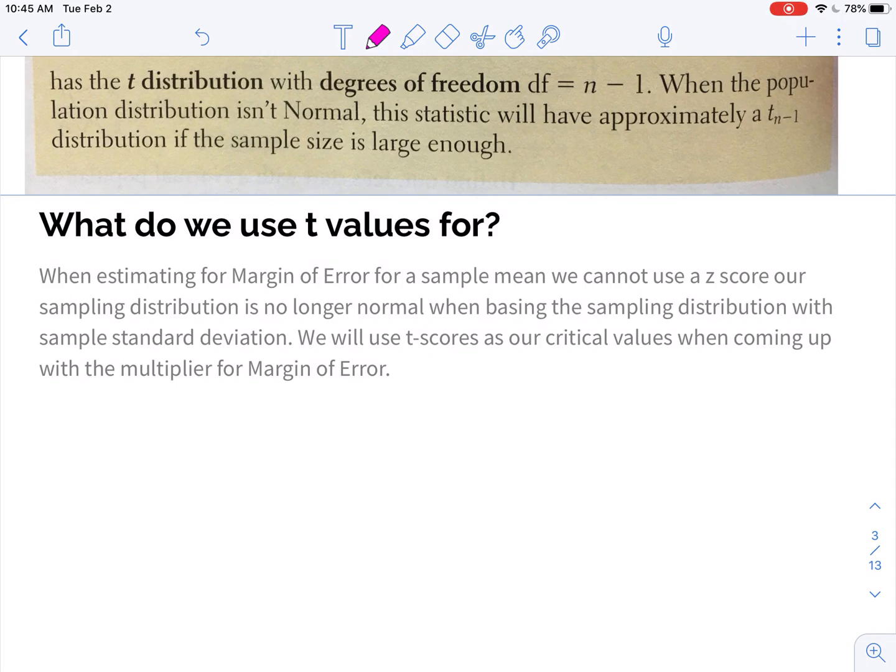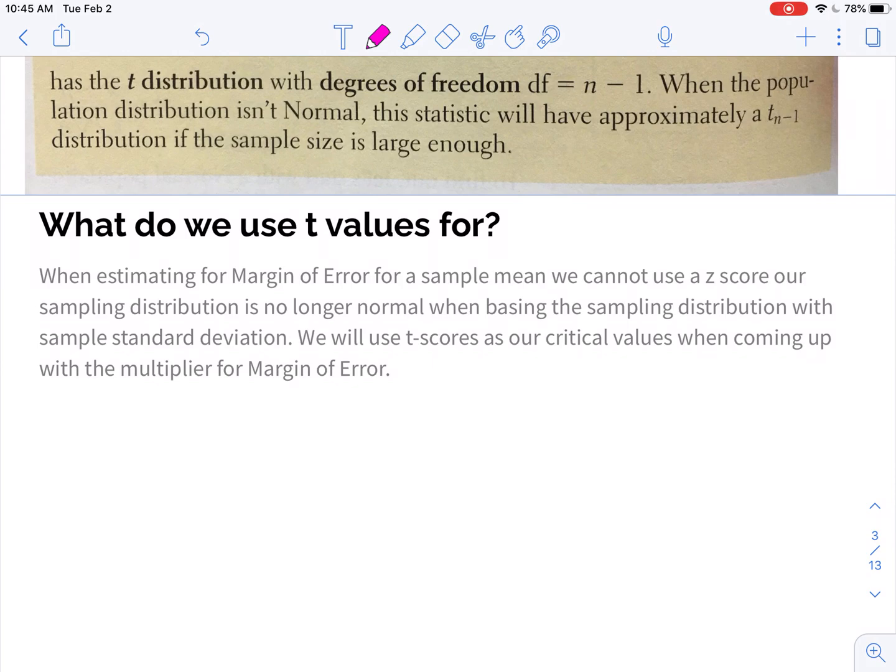If you think back to the population proportion, when we estimated a population proportion from a sample proportion, we used z-values because we assumed that most of those things are normal, and we had our rules for assessing normality, especially the biggest rule for the sample proportion: making sure you had 10 failures and 10 successes in a sample.